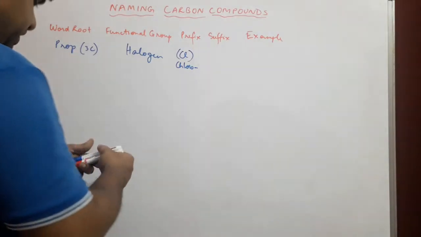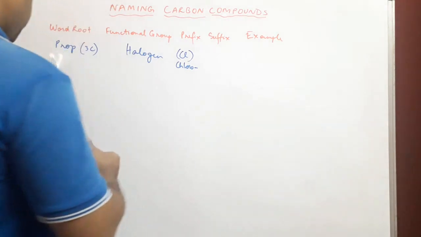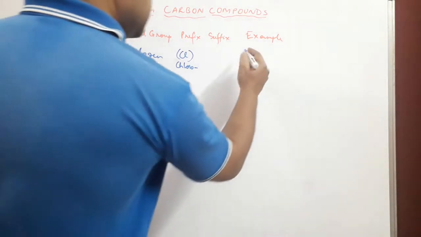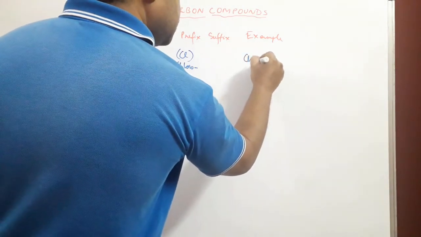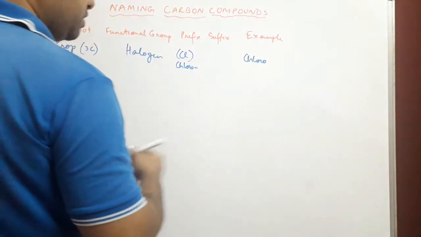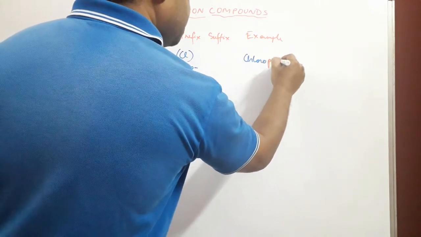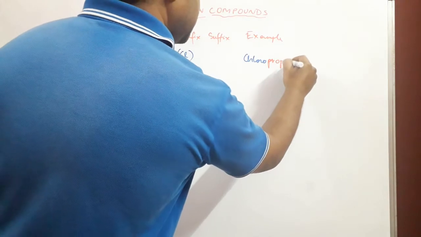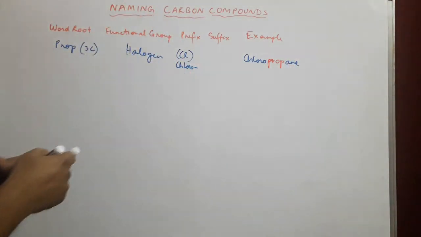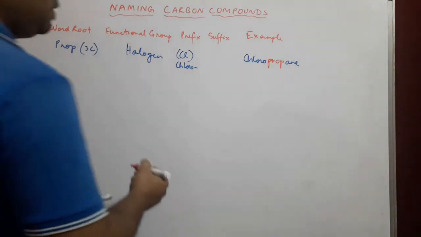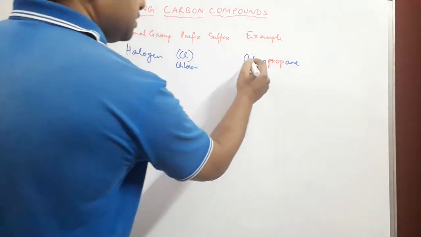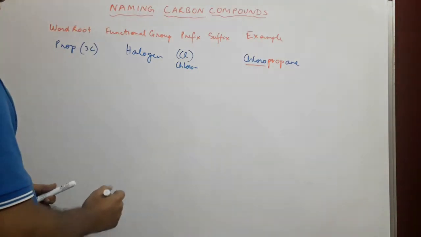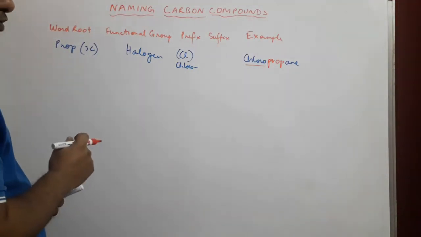So we'll take an example over here with prop as a word root, and we'll write it over here as chloropropane. Okay, now have a look over here how we have named it. This is telling you the functional group, but there will be 2 functional groups over here.